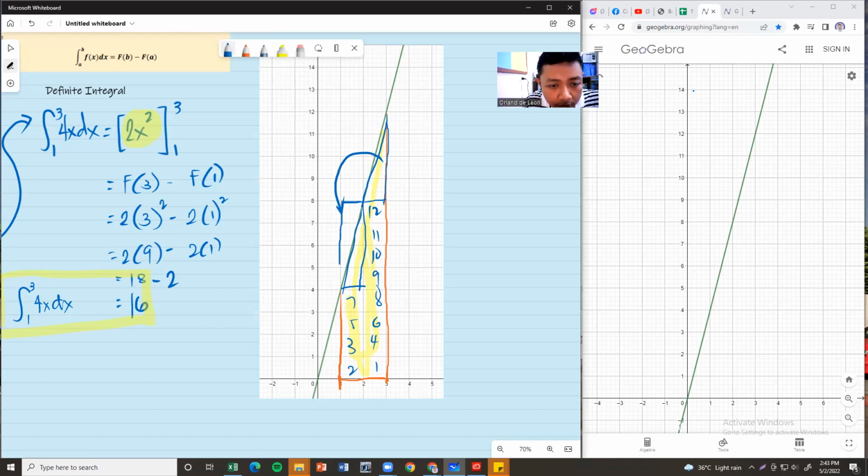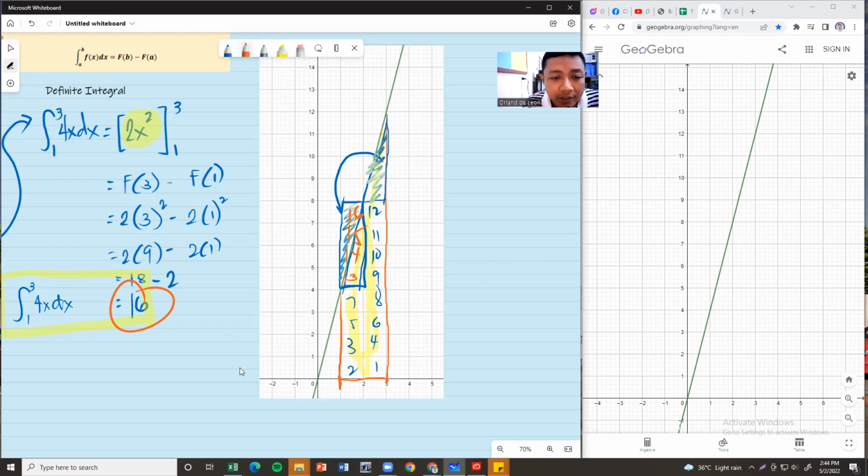It will form these 4 parts. If this one will be twisted this way, it forms the 4 other units that we are solving for. So therefore, we will be able to complete 12, 13, 14, 15, and 16. So that is the area of our given definite integral. Can you follow?